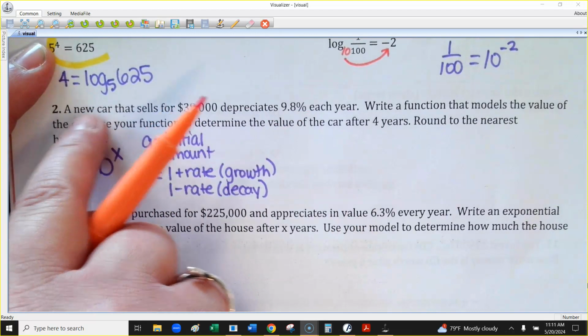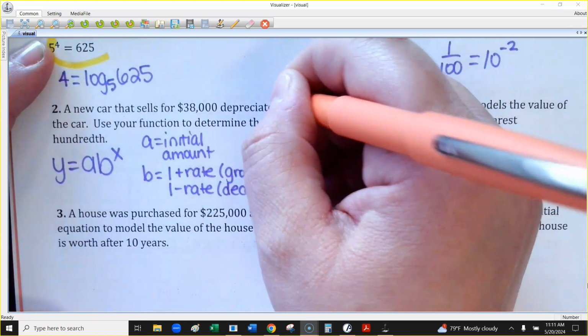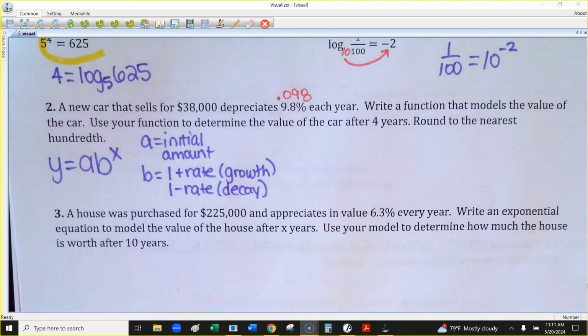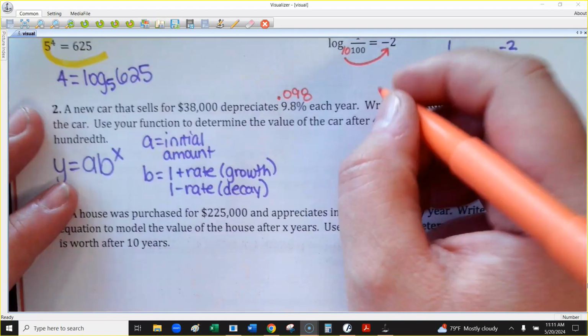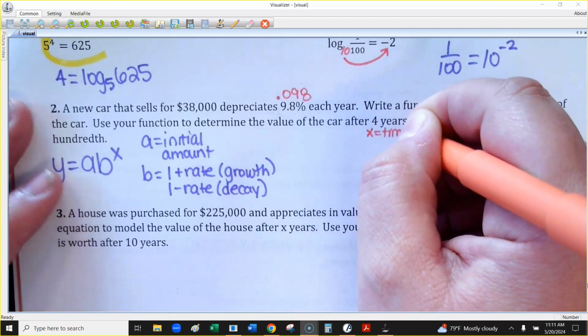So a new car sells for $38K, depreciates 9.8%. So I'm just going to scooch the decimal place over 2 spots to write that as a rate, so it'd be 0.098. And then it says write a function that models the value of the car. Use your function to determine the value of the car after 4 years. So the 4 years is going to be x, which is going to be the time.